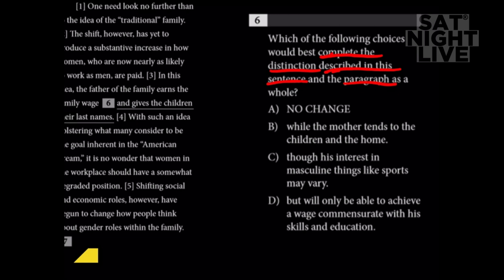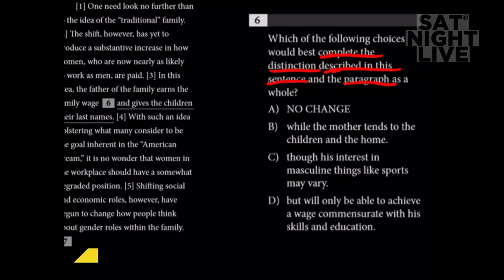Now that I've underlined my question task, I can go into the passage and say, I really need to look at the distinction that's occurring in this particular area. So as I read, my second sentence goes on to say, the shift, however, has yet to produce a substantial increase in how women, who are nearly as likely to work as men, are paid.